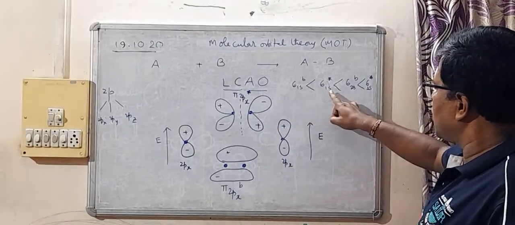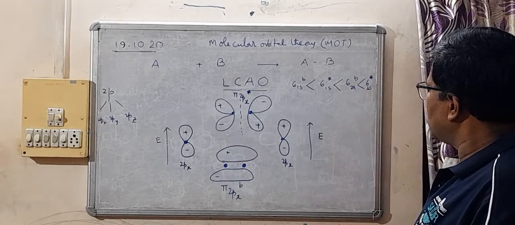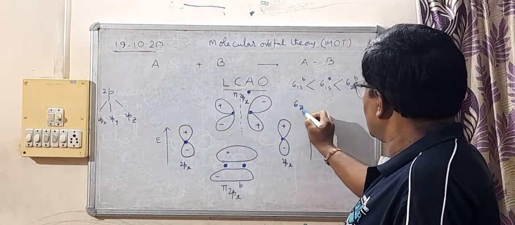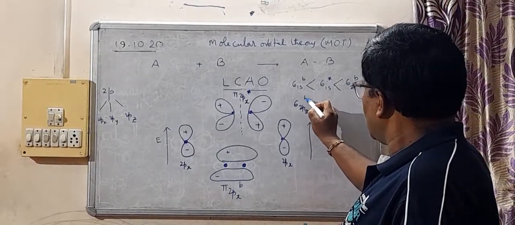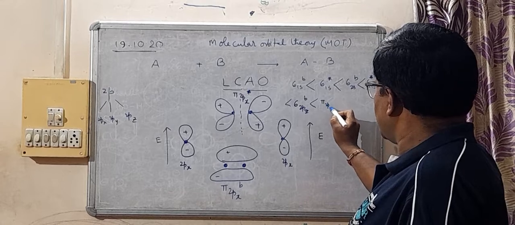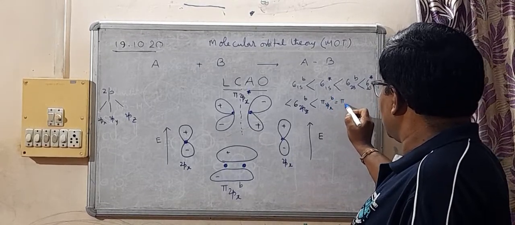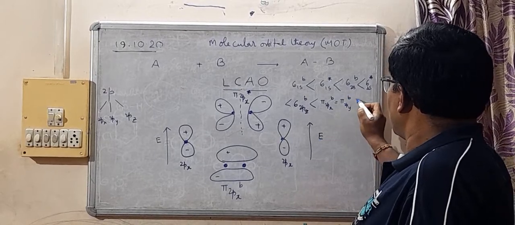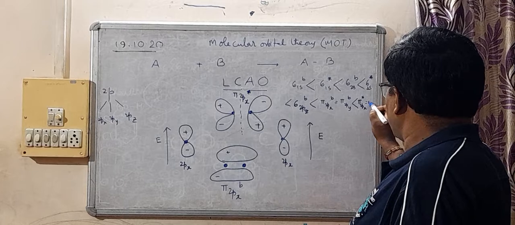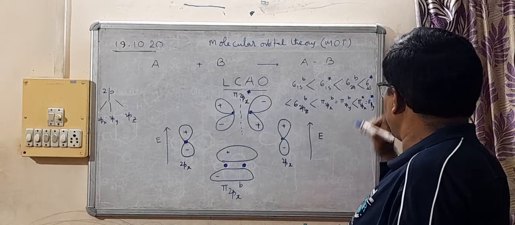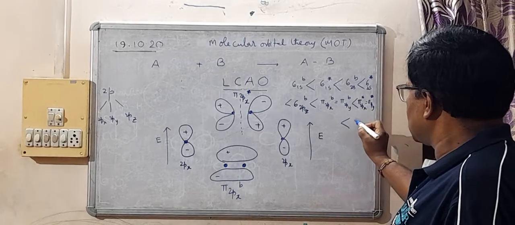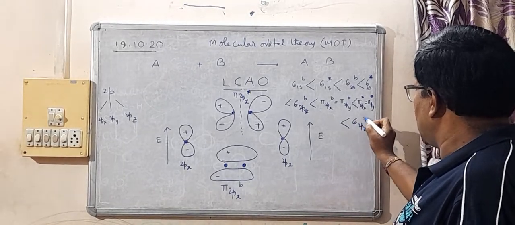So, sigma 1s bonding, sigma 1s anti-bonding, sigma 2s bonding, sigma 2s anti-bonding, and after that it is sigma 2pz bonding, then it is pi 2px bonding equal to pi 2py bonding, then it is pi 2px antibonding equal to pi 2py antibonding, and the highest energy this molecular orbital possesses, that is sigma 2pz antibonding.